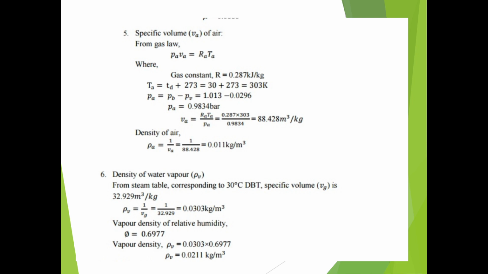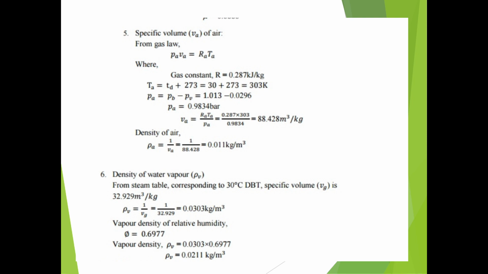Next, PA is equal to PB minus PV. PB is the atmospheric pressure, 1.013, and PV is the vapor pressure, 0.0296. Based on that, PA is equal to 0.9834 bar. So we substitute the TA, PA and R gas constant values in the gas law.